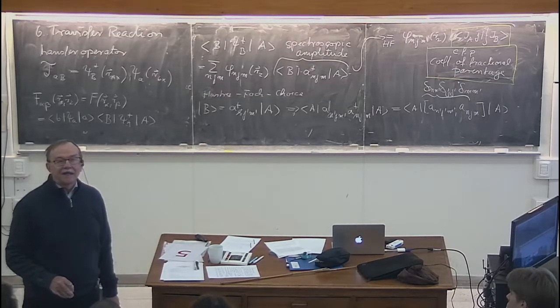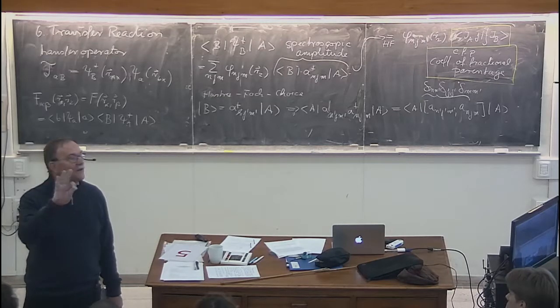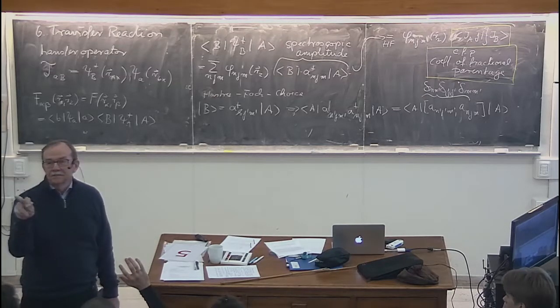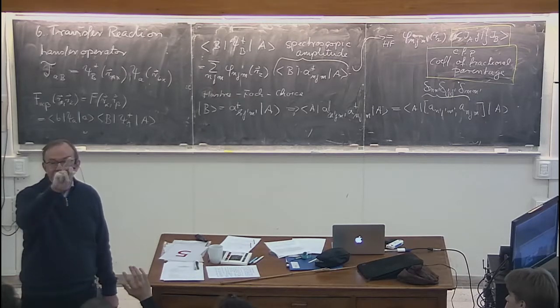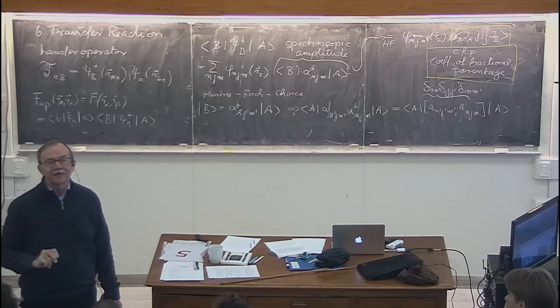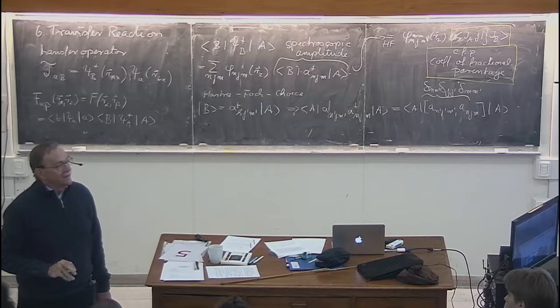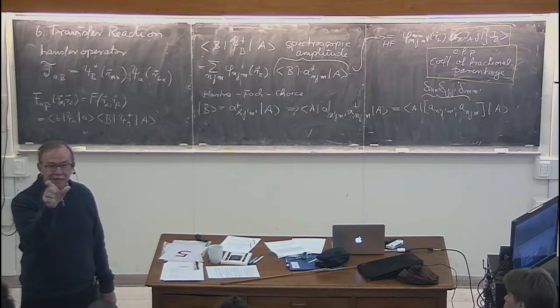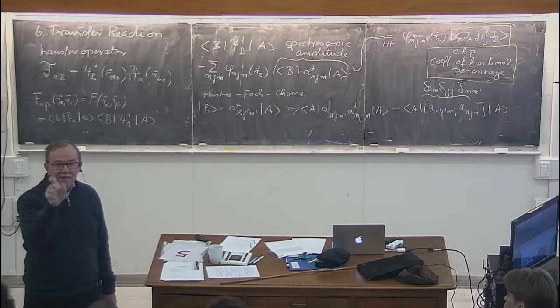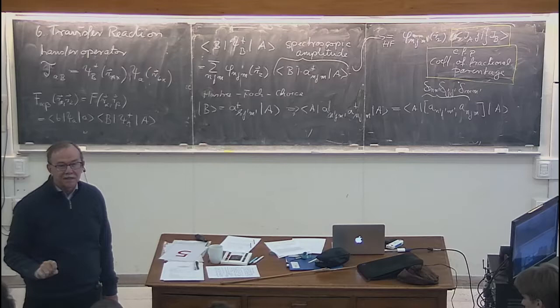So, the coefficients of fractional parentage. Who knows about the Wigner-Eckart theorem? At least there are a few, and you in particular yourself. Good. Then a matrix element including M dependencies, the magnetic quantum numbers, can always be decomposed into a Clebsch-Gordan coefficient and a reduced matrix element.